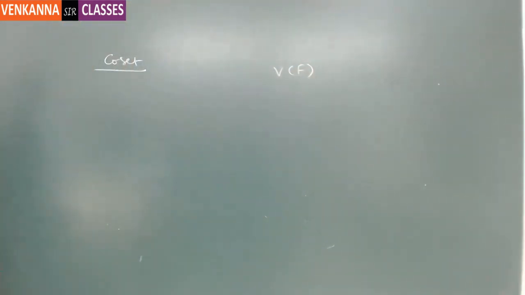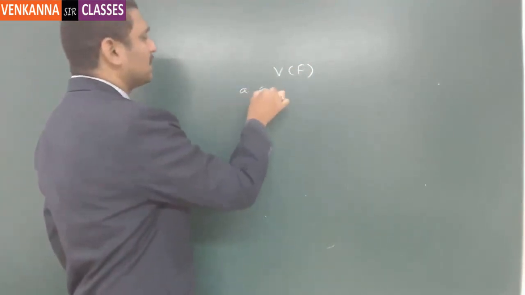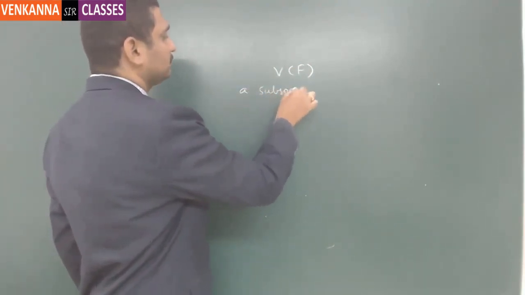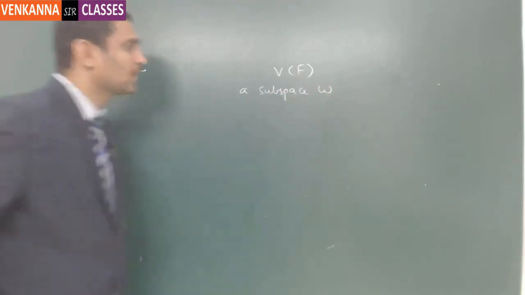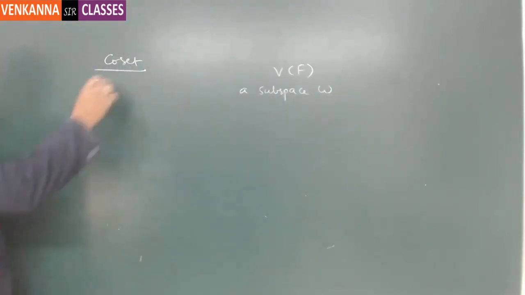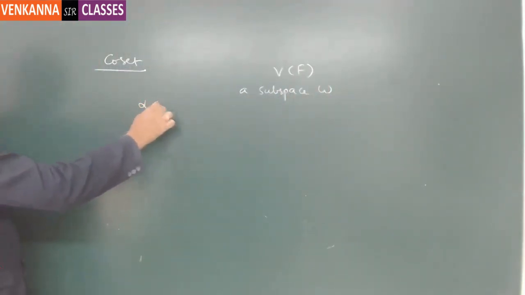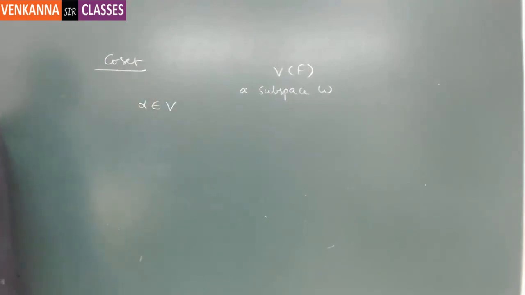Suppose you take a vector space V over F and a subspace W. Now, coset means if you take any vector alpha in V, alpha plus W or W plus alpha, we call it a coset.